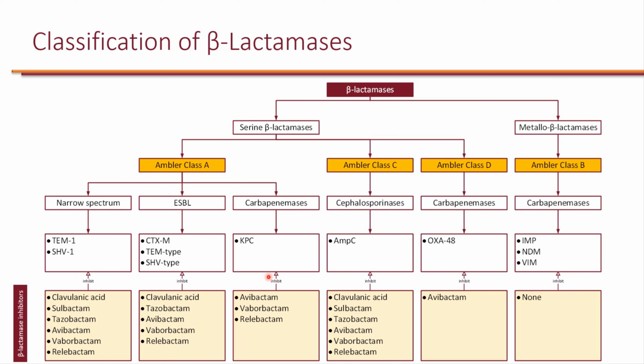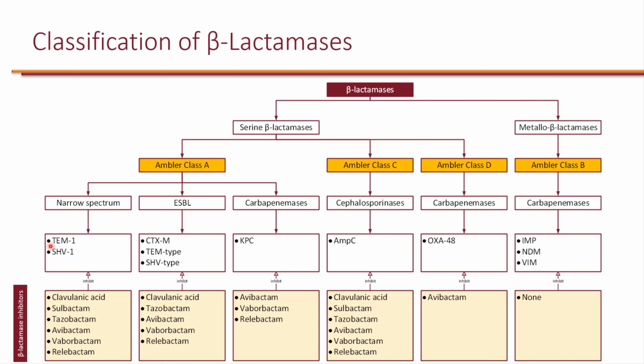That was a lot of information, so let's summarize. In general, beta-lactamases can be broken into serine beta-lactamases and metallo-beta-lactamases, and the Ambler classification can be used to classify these beta-lactamases. So class A can be divided into narrow spectrum, ESBL, and carbapenemases.